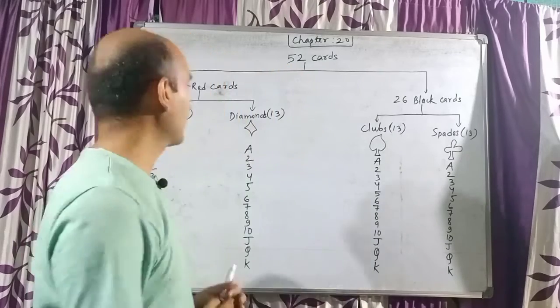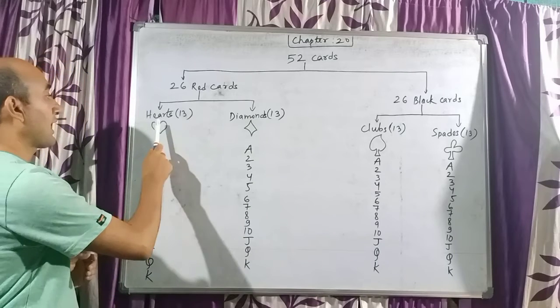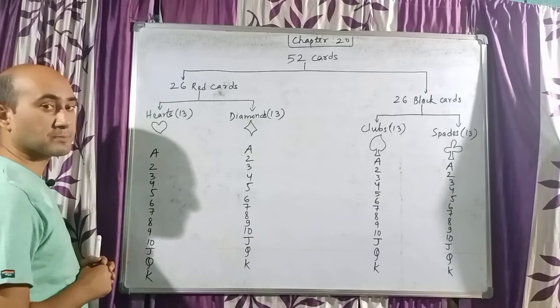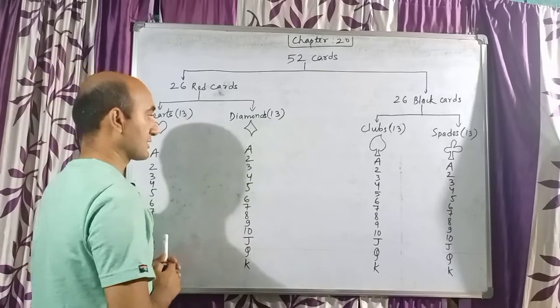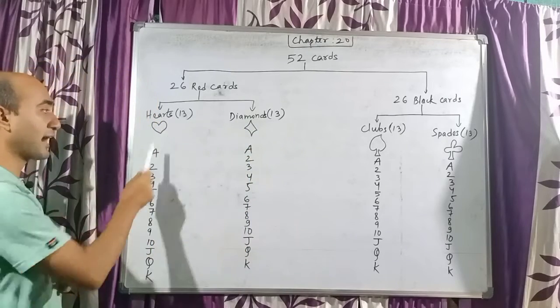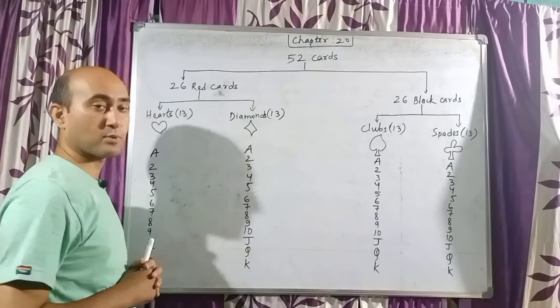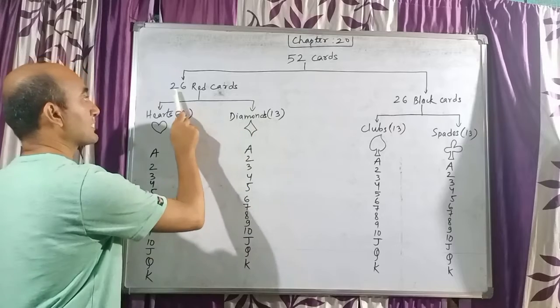Now again these 26 red cards are further divided as 13 heart shaped cards and 13 diamond shaped cards. So heart shape will be just like heart, you know how to draw the picture of heart, and this is the shape of diamond. So this 13 plus 13, 26 red cards.